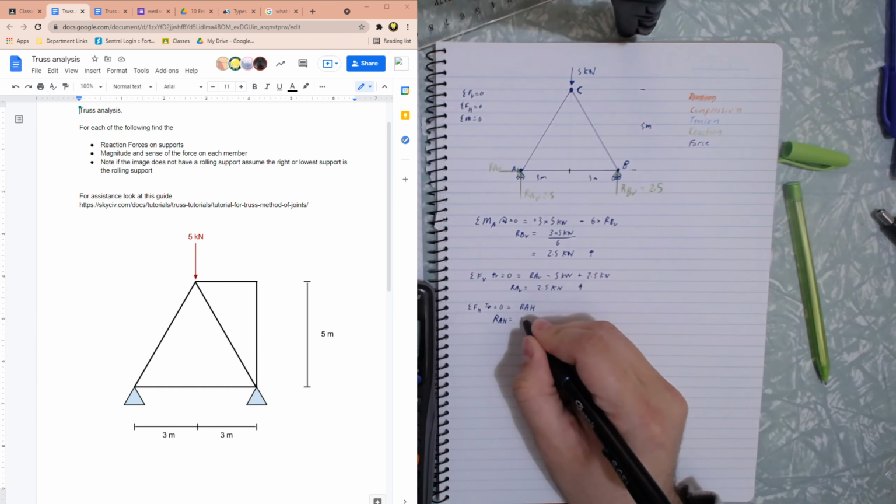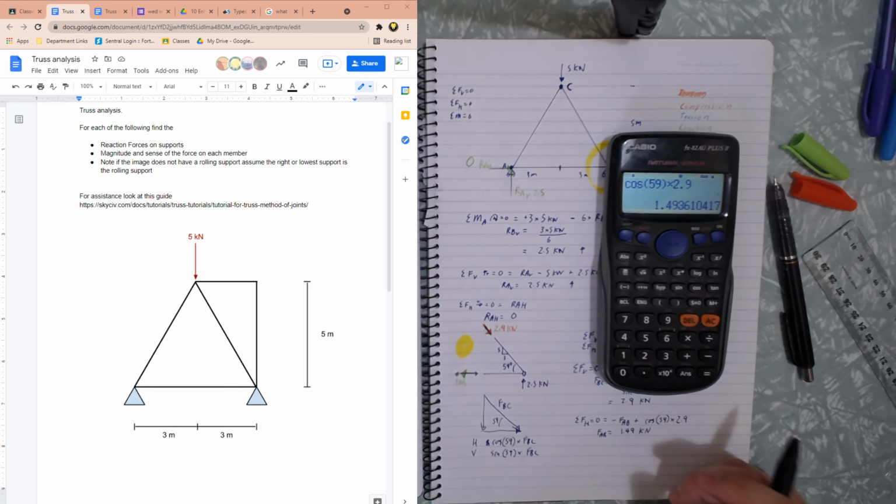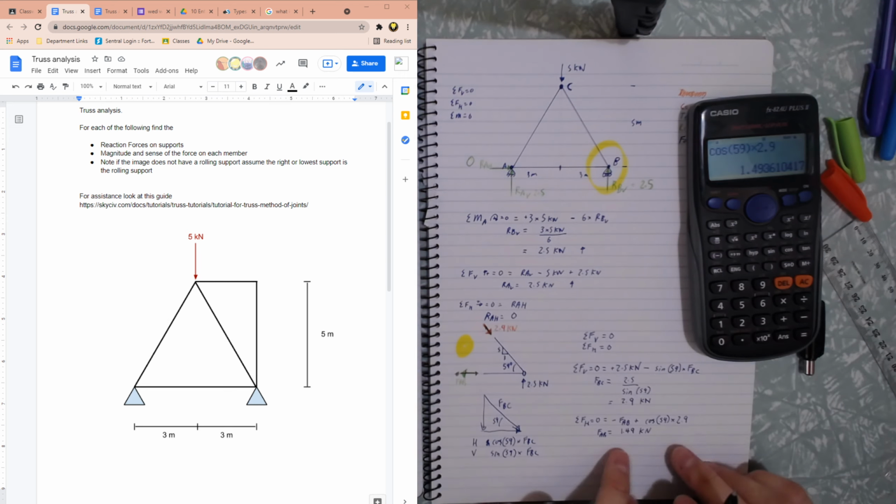Then our FAB, if we just do that equation, should be cos 59 times 2.9, and that should give us an answer of 1.49 kilonewtons. And again, the answer is positive, so our direction was correct.